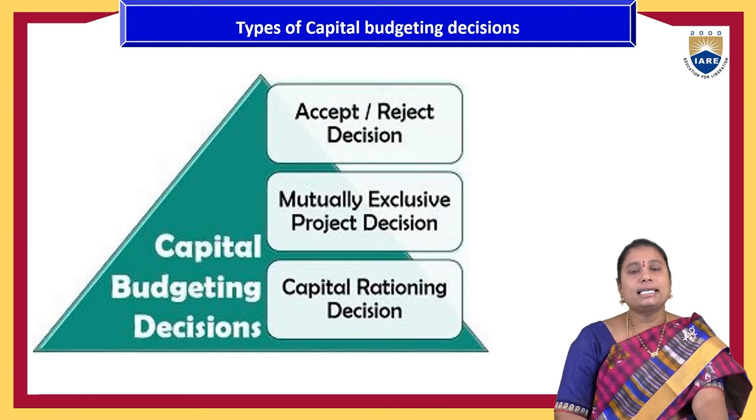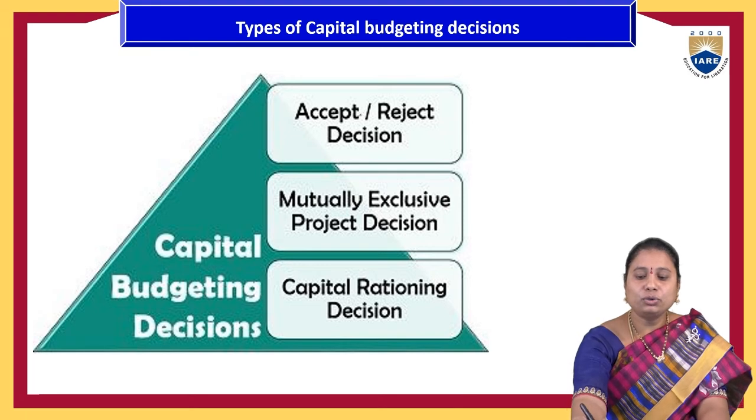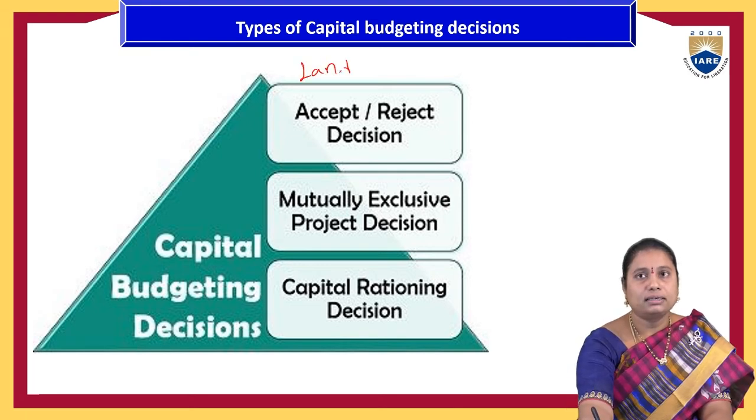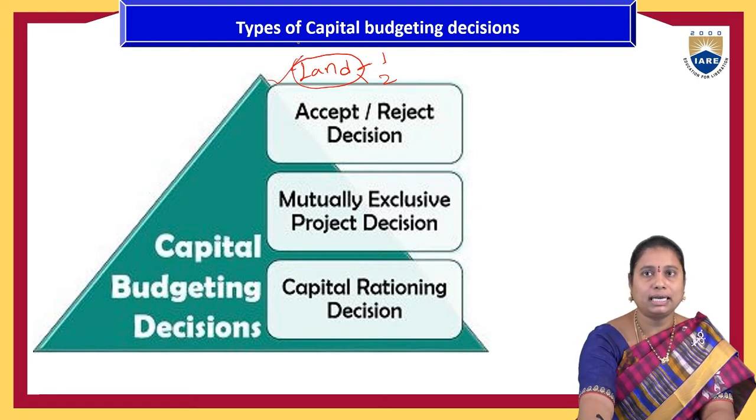So the capital budgeting decisions are categorized into three elements. First, whether to accept the proposal or reject the proposal. For example, if they have chosen to invest in land, purchasing the land is a project, and they want to purchase the land either in location 1 or location 2.